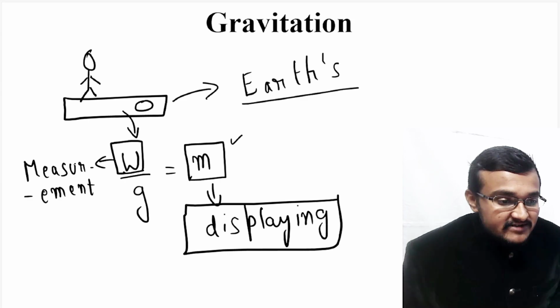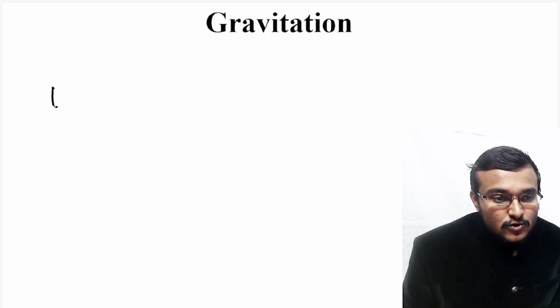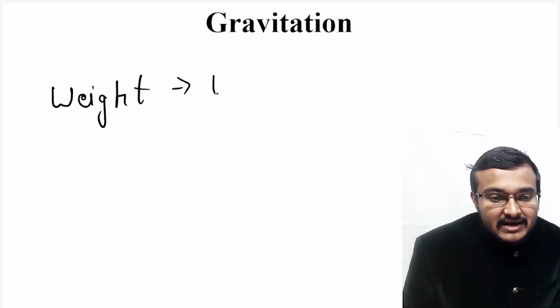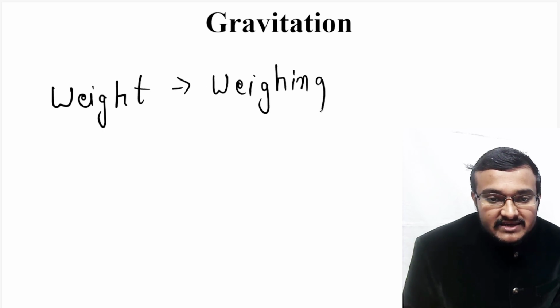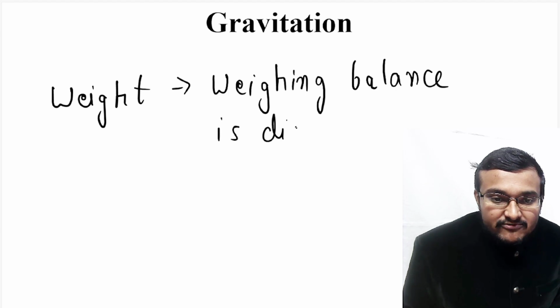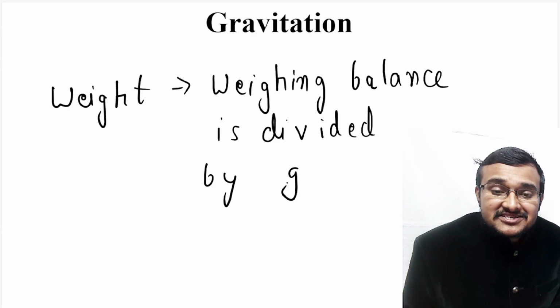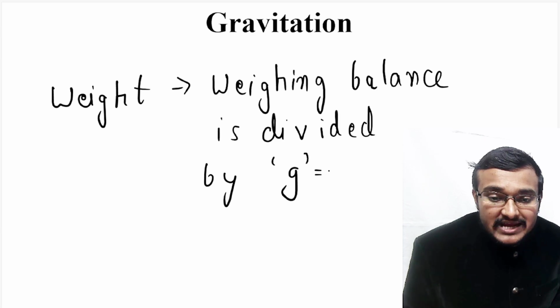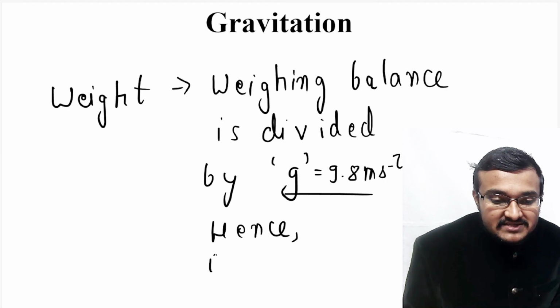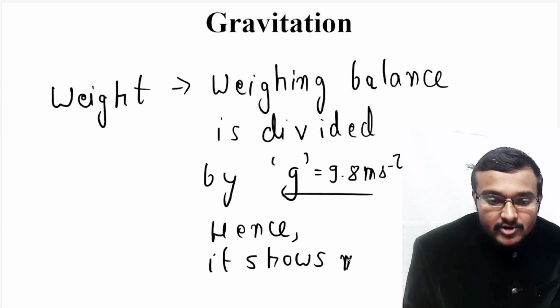The weight which is measured by this weighing balance is divided by acceleration due to gravity g, which is equal to 9.8 meter per second square. Hence it shows the mass of your body.